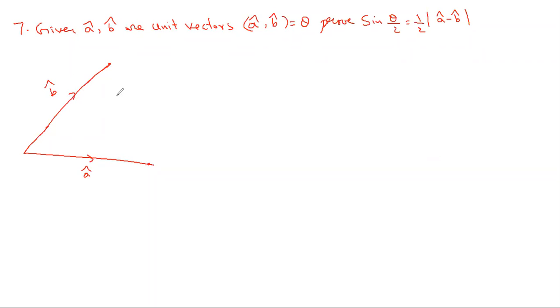So automatically a rhombus is formed, ABCD, and in the rhombus, diagonals bisect each other and are also perpendicular to each other.